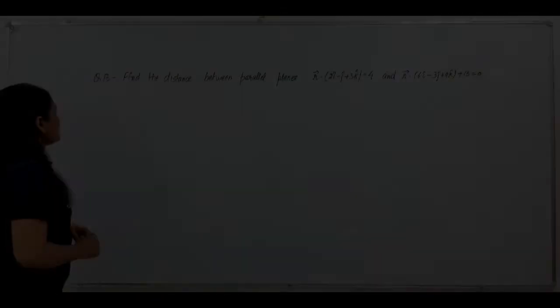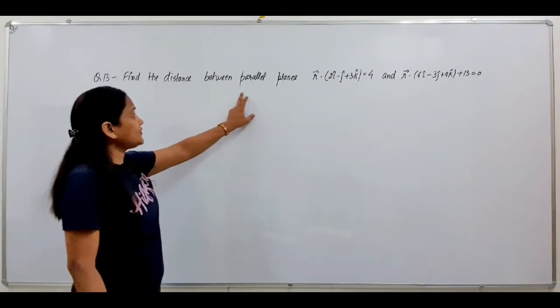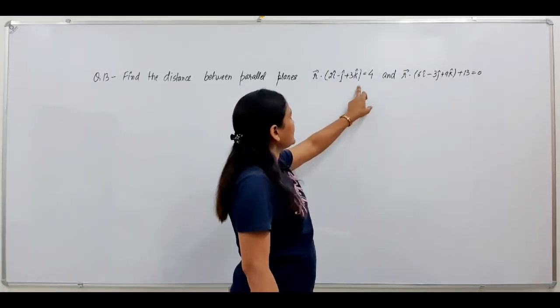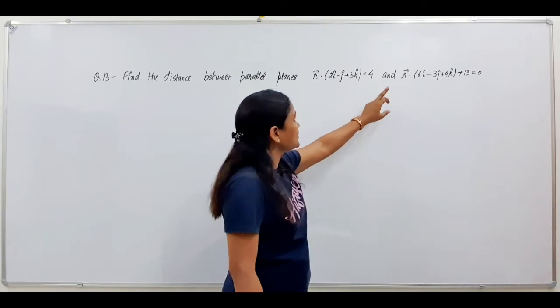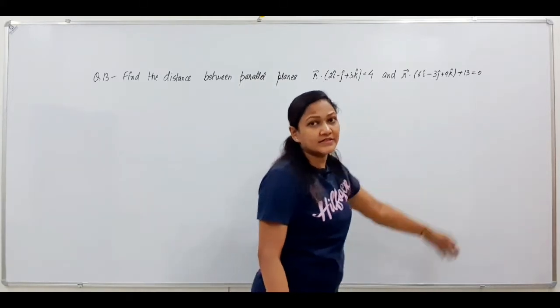Your next question is, find the distance between parallel planes r dot this is equal to 4 and r dot this is equal to minus 13.